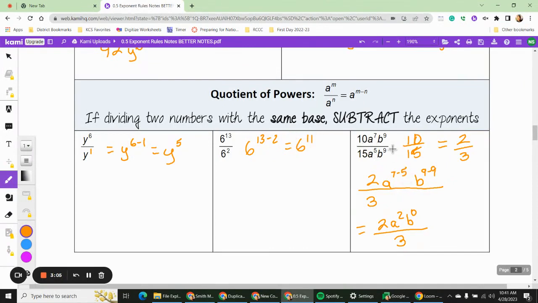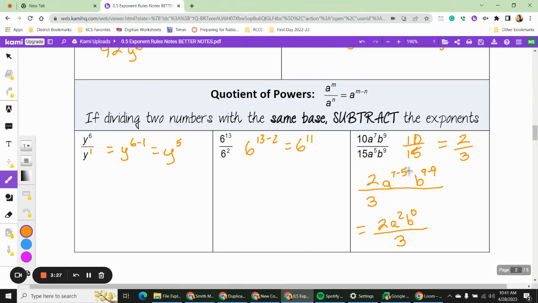And this last part, just like before, it gets a little bit more involved. First of all, 10 divided by 15, that's a fraction that can be reduced. Both of these can be divided by 5. 10 divided by 5 is 2, and 15 divided by 5 is 3. So we can reduce this fraction to 2/3. So instead of 10 over 15, I'm writing 2 over 3.